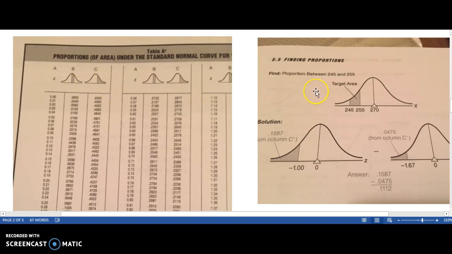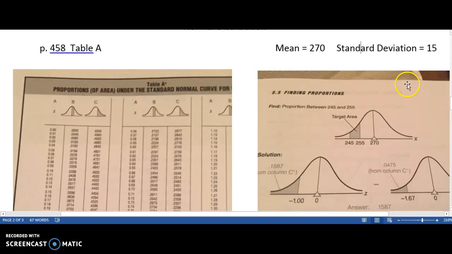Now let's walk through how they use this table to find the area under the curve for examples. In this one example, they were looking to find the proportion of the population that was between 245 and 255. This was for a set of data that had a mean of 270 and a standard deviation of 15.